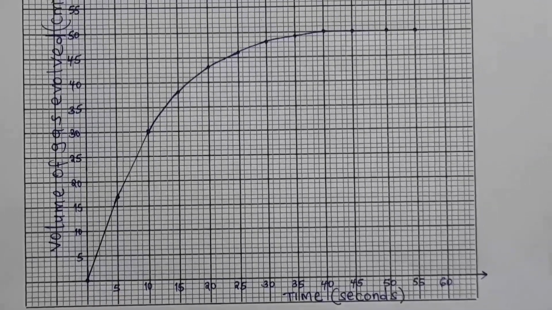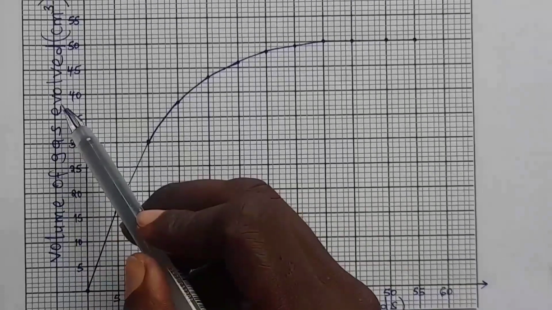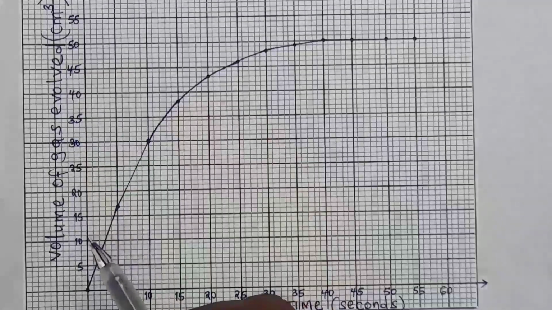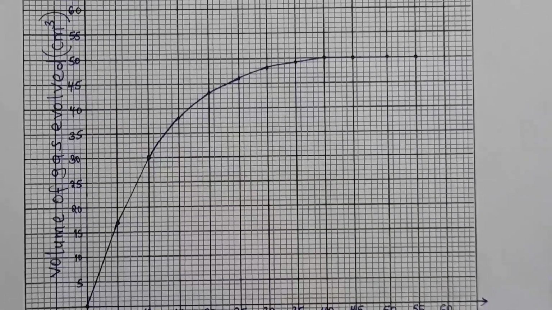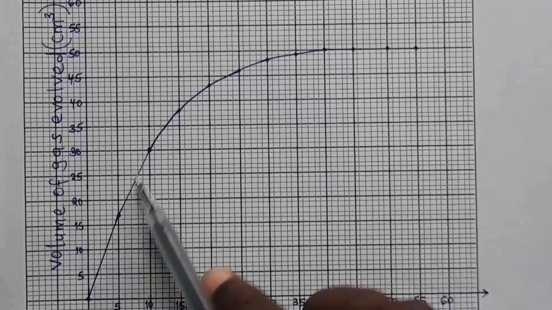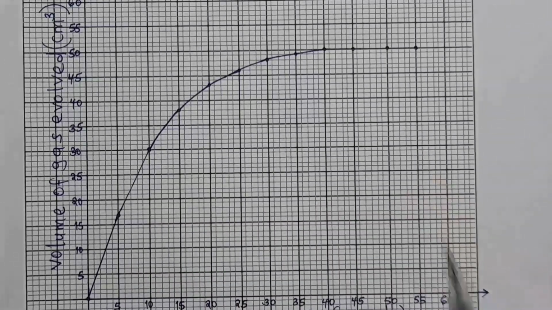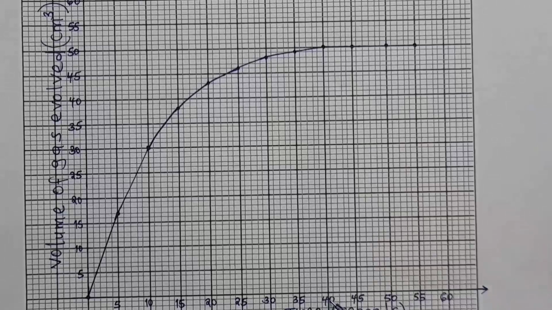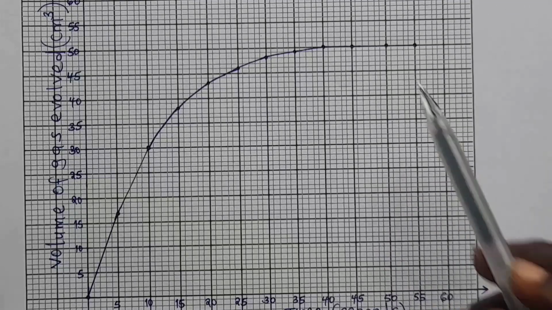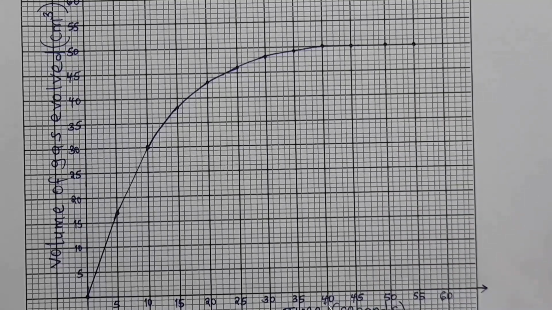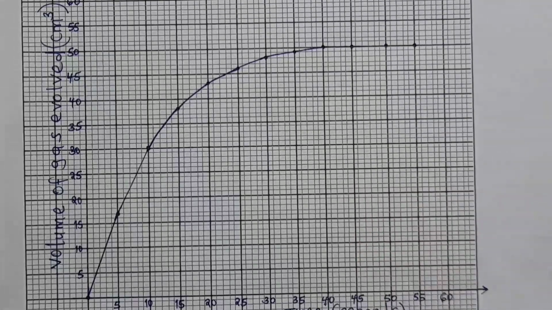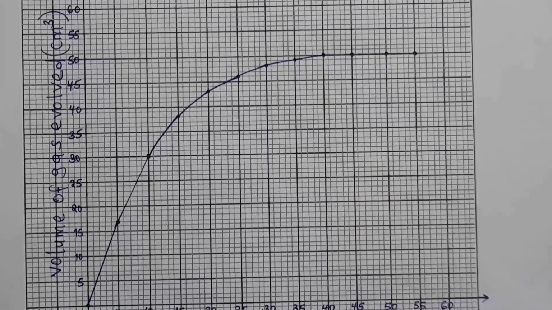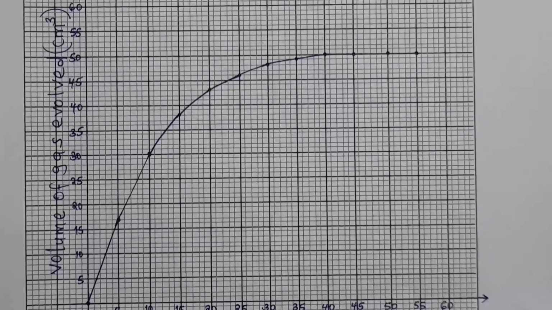On the y-axis, I have volume of gas evolved in cm³, with a scale of 1 centimeter square to represent 5 cm³. This is how the curve looks, and from 40 seconds up to 55 seconds, the curve is horizontal, meaning that the reaction was over or complete.